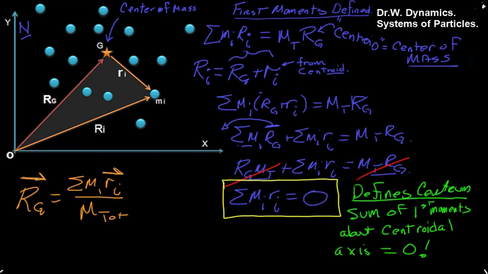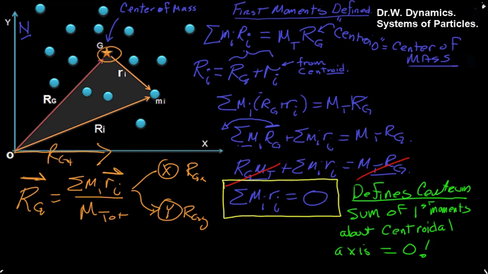Keep in mind, for vectors, this could also be done as x values and then independently as y values, and the Rgx and Rgy that you find would locate this value up here. So you'd end up with this value as Rgx, and this is Rgy. So in 2 dimensions or even 3 dimensions, we can still use the same concept.